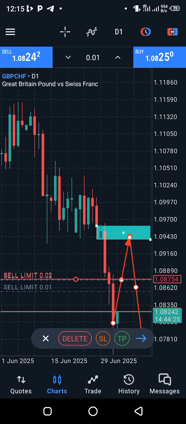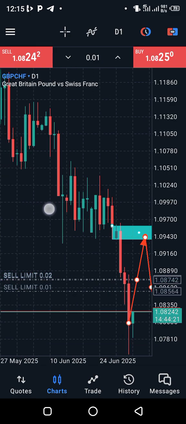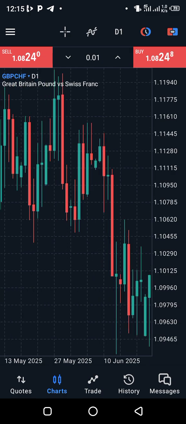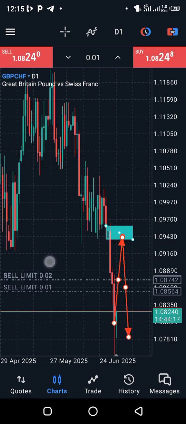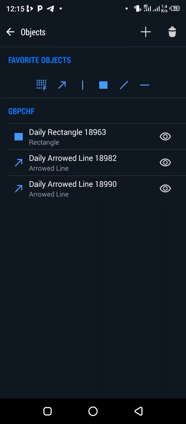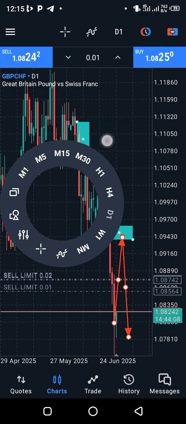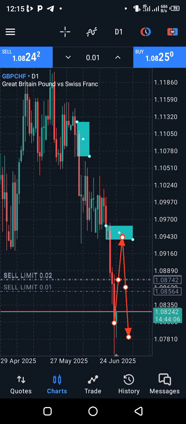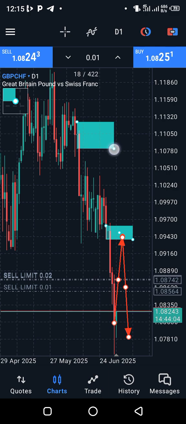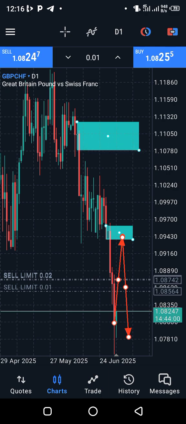I'll explain where I put my sell limits on this area here, but let's first go up and see what price has been doing in the past. You see that here we had a kind of supply area, and price hasn't yet even retested that area.